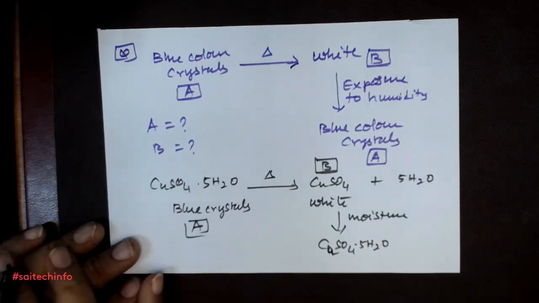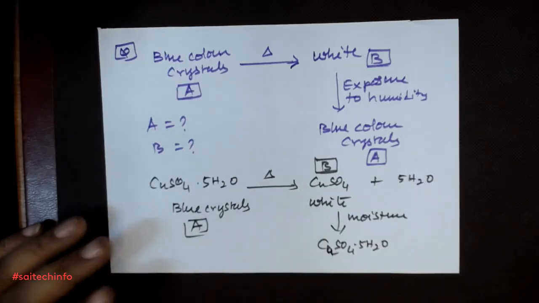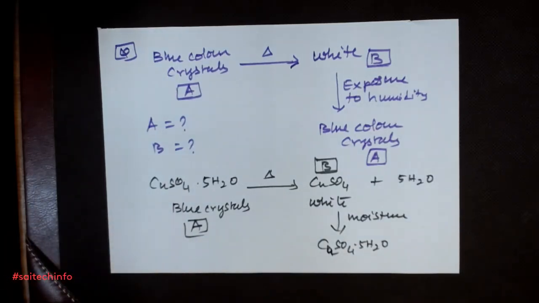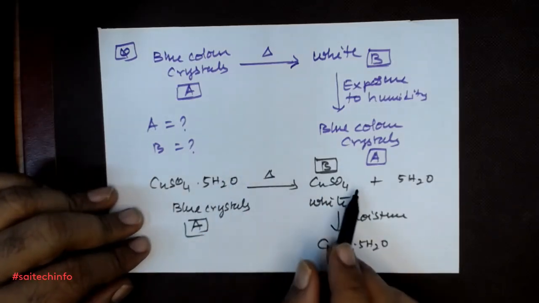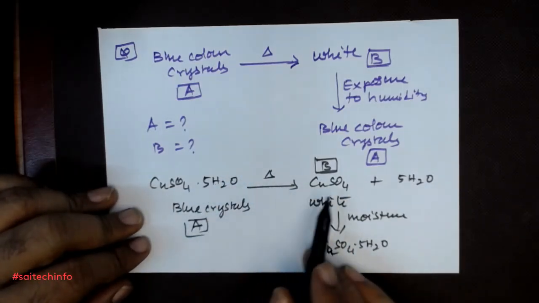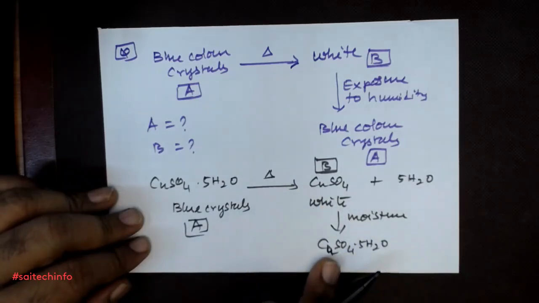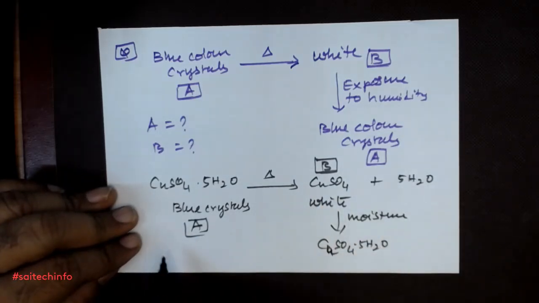And this is a typical example of water of crystallization. It loses the water of crystallization, 5 moles of water of crystallization, and again regains. So what is the phenomenon?